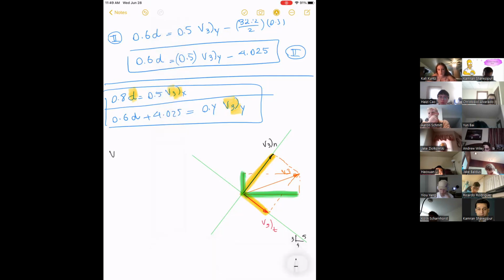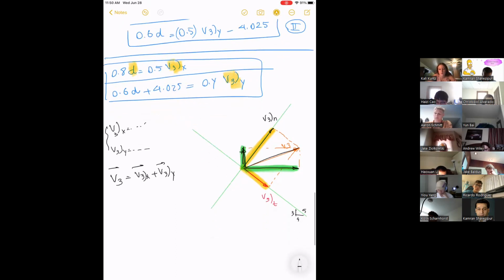When we say V3X is something, V3Y is something, that means V3 is V3X as a vector plus V3Y as a vector, right? That's what we do. We divide it into components. These are technically the vector components of this velocity in X and Y, right?